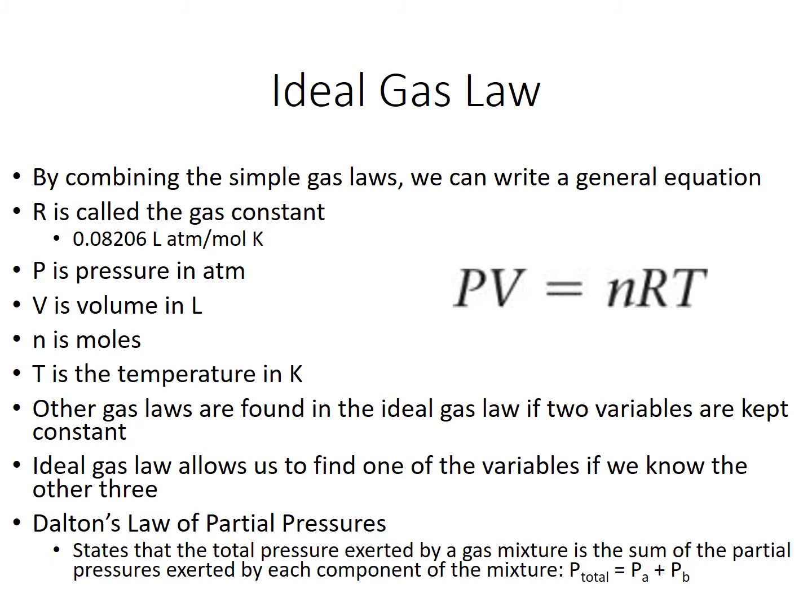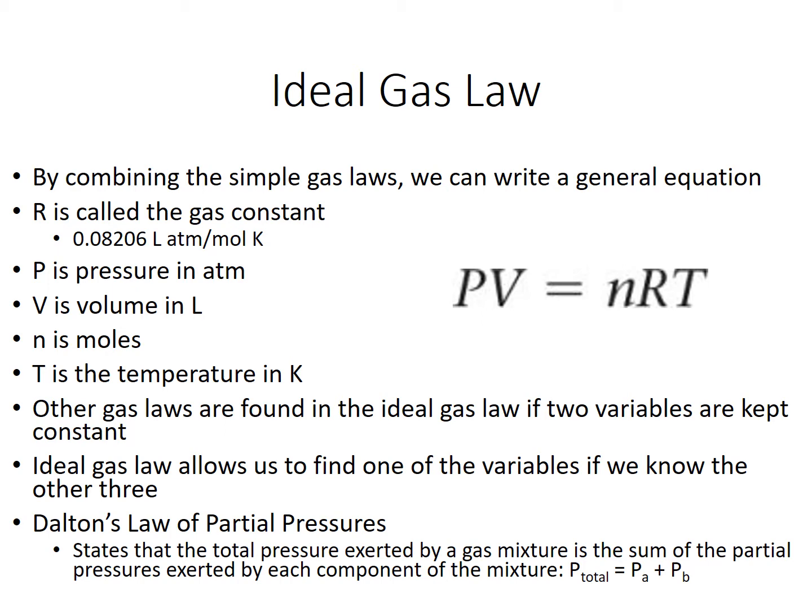Lastly, something that is fairly bizarre that will also be needed for this lab is called Dalton's law of partial pressures. What it means is that if you have a mixture of various gases, the sum of the individual partial pressures of those gases will be the pressure total that we're referring to.